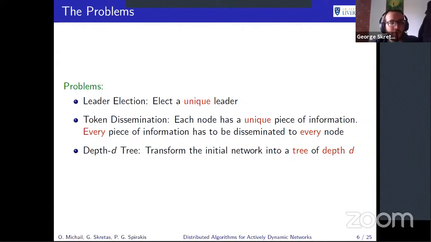And finally, we have the depth D tree problem, which is to transform any initial network into some tree, any kind of tree that has depth D. So these are the 3 problems. And in this work, basically, we solve all 3 of them at once by solving the final one. And I'm going to show how that works later on. So we will mainly focus on the final problem while simultaneously solving the other 2 as well.